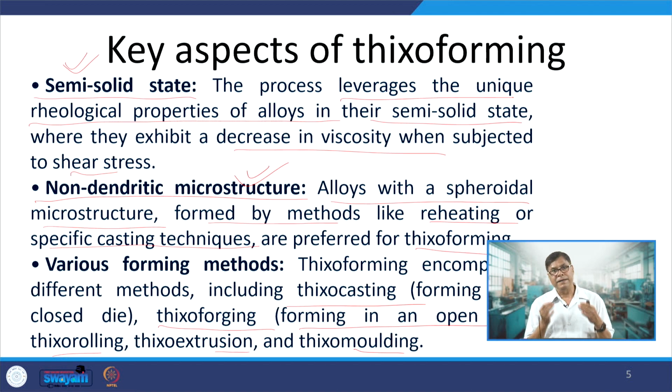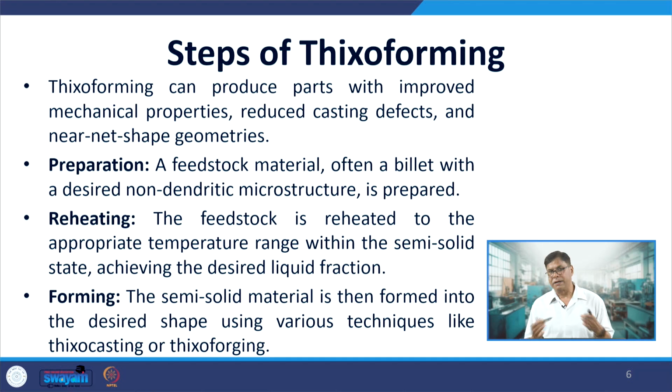So, the metal in the semi-solid state with the non-dendritic microstructure is subjected to pressure for realizing the desired shape in open or closed die to produce components with almost near net shape.